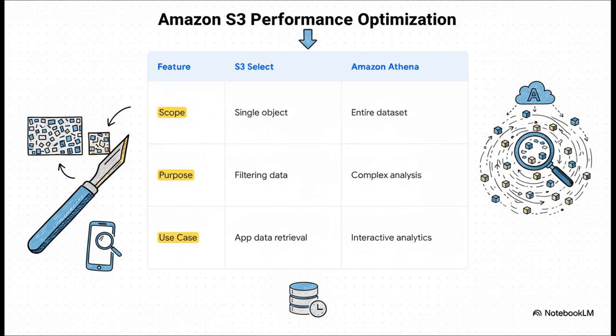Think of S3 Select as the scalpel for a single file. Athena, on the other hand, is your powerful serverless query engine for an entire data set. You use S3 Select when your app needs one piece of data from a file it already knows about. You use Athena when you need to run complex, interactive analytics and ask those big questions across your entire data lake, right where it lives in S3.